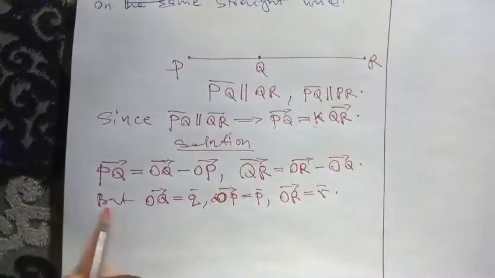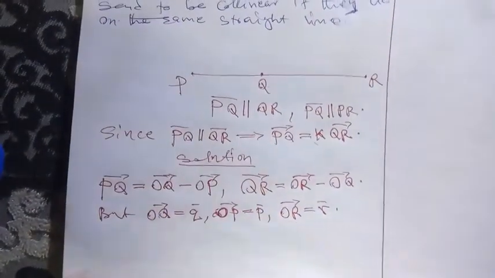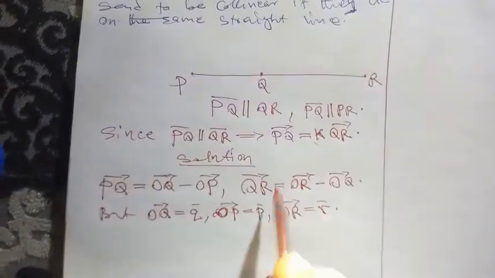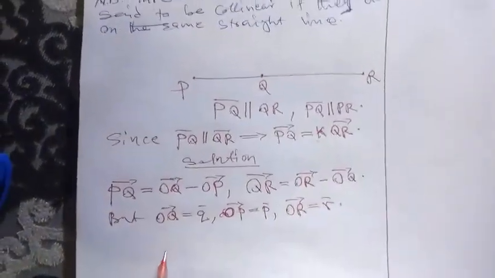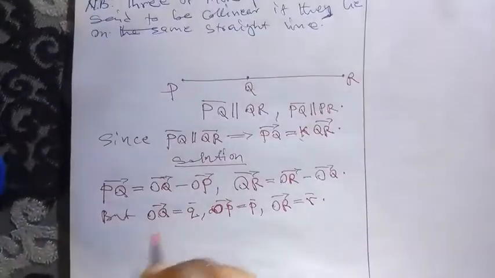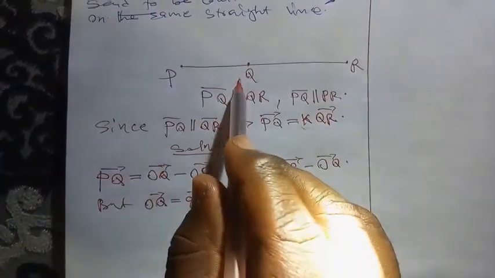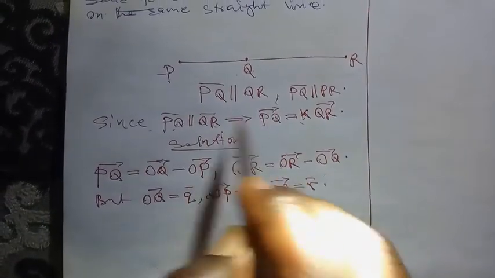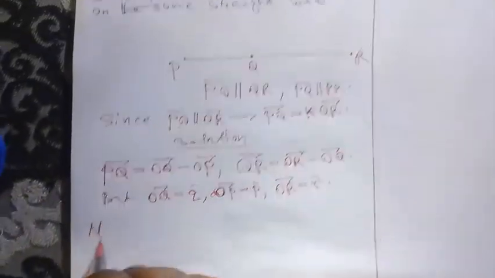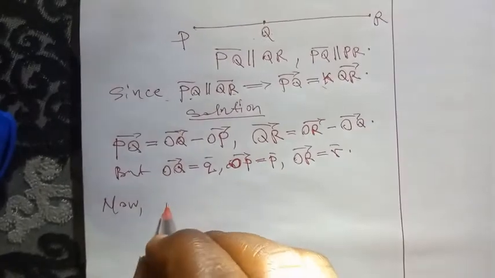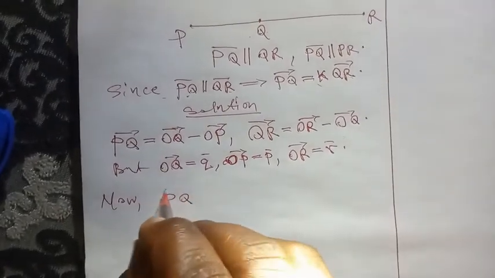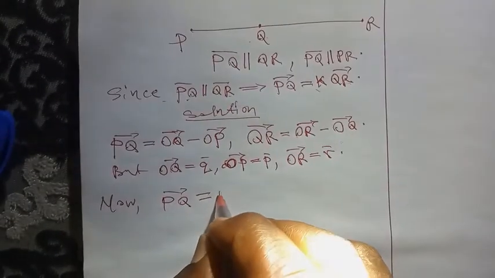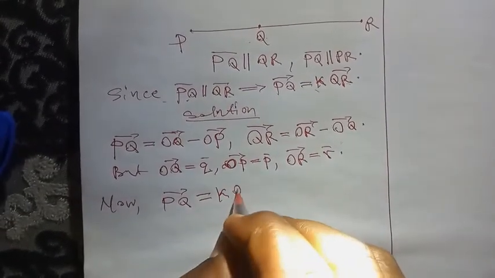All right, so now I can go here and begin to substitute all this into this expression. Since PQ is parallel to QR, this holds. Now, PQ must be equal to some number K times QR.